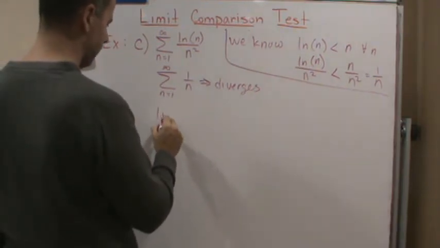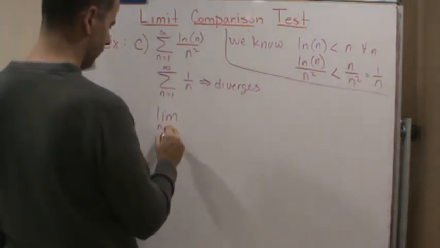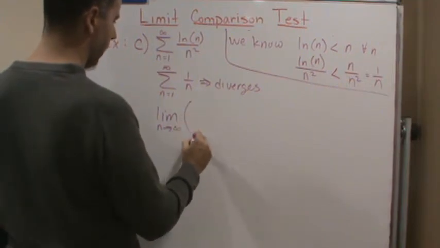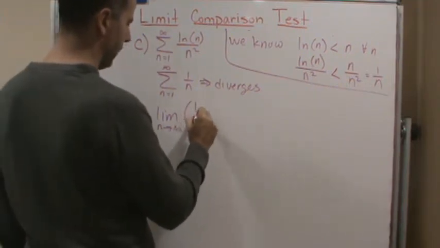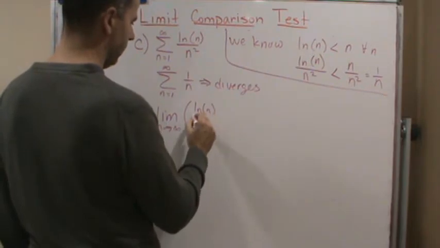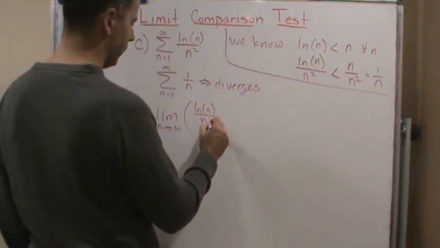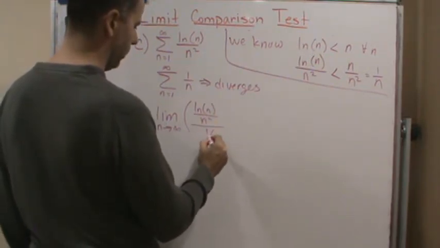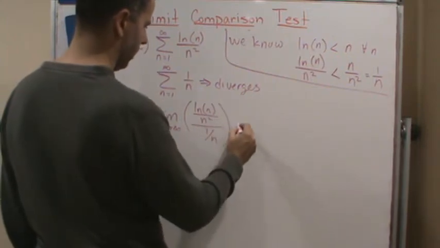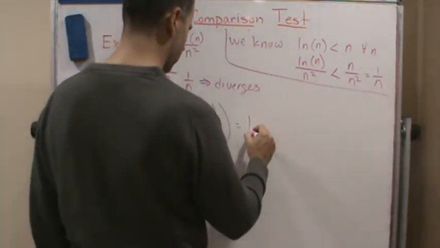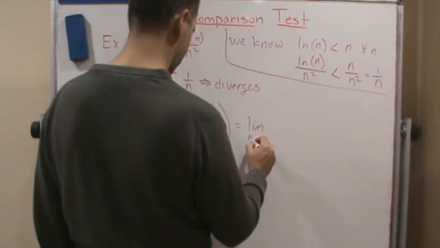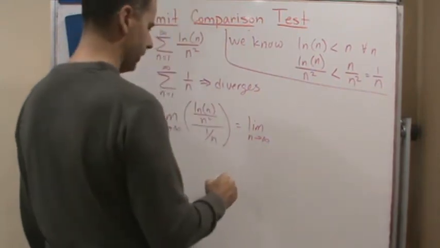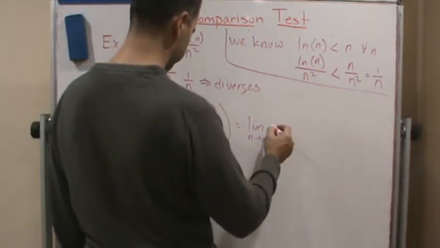So let's take the limit as n approaches infinity of the ratio, and we're going to do the natural log of n over n squared all over 1 over n, which is going to equal the limit as n approaches infinity of what?